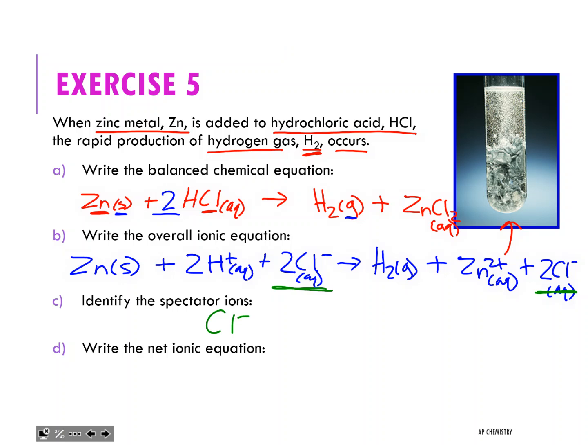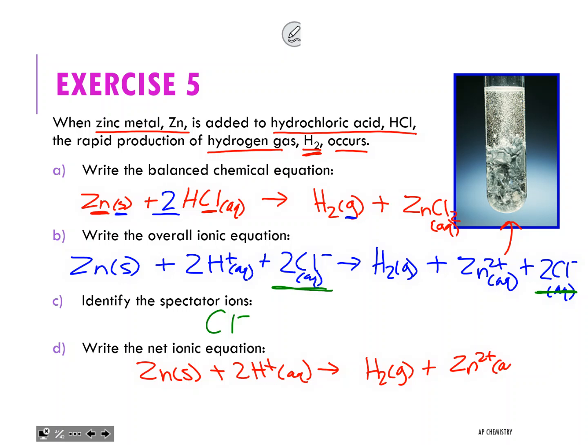Now, we're going to take out our spectators and write out our net ionic. So, we do that, we should get zinc solid plus our 2 hydrogens. That's going to give us our hydrogen gas and our zinc ion, like so.